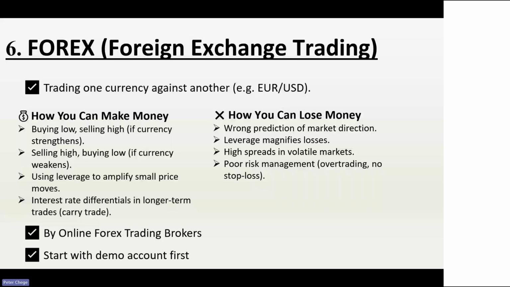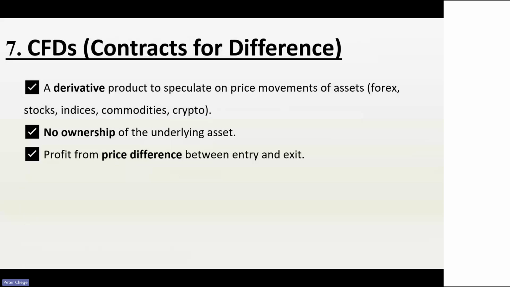So we go to the next product: CFDs, contracts for difference. A CFD is a financial contract between you and a broker. You speculate on whether the price of an asset will go up or down. The profit or loss is based on the difference in price between when you enter and when you exit.